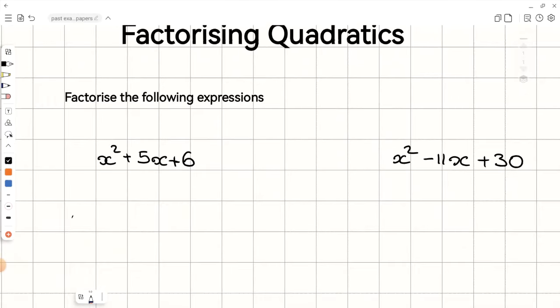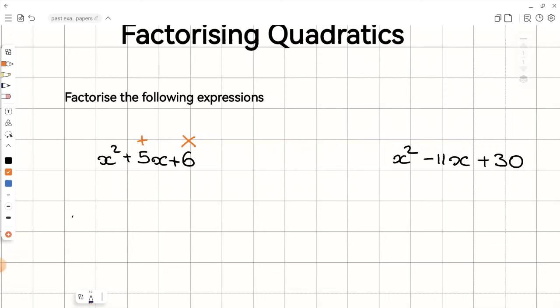To do that, we need to find two numbers that multiply to give the number at the end of the expression, and that add up to give the number in front of the x. Okay, let's walk through the process step by step.